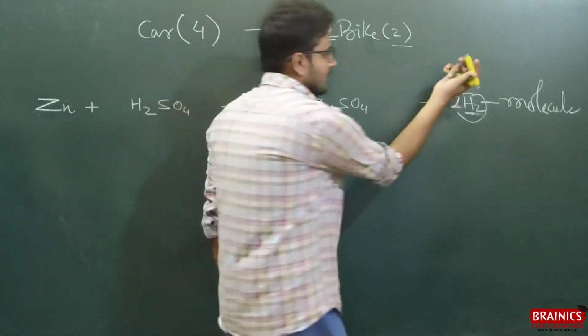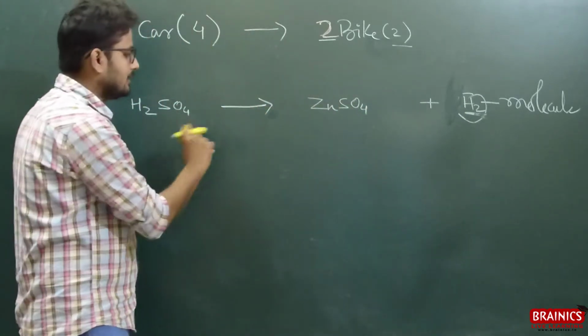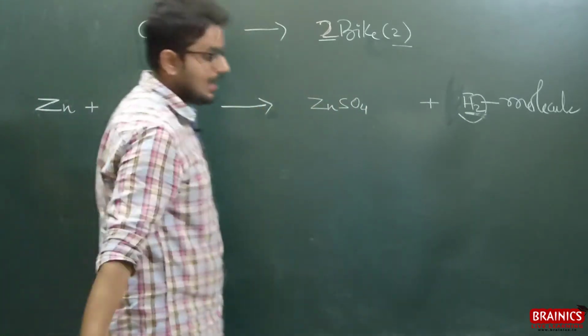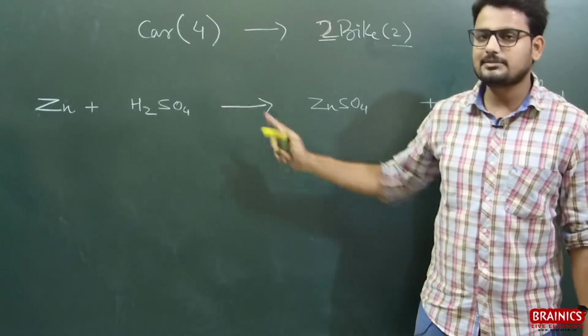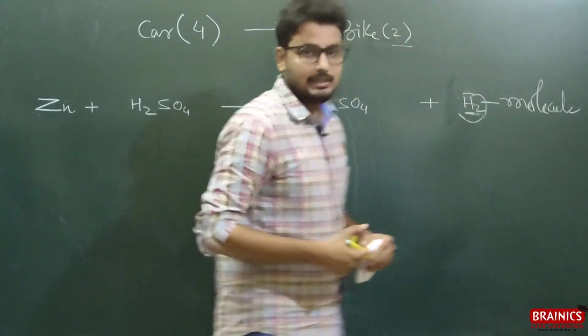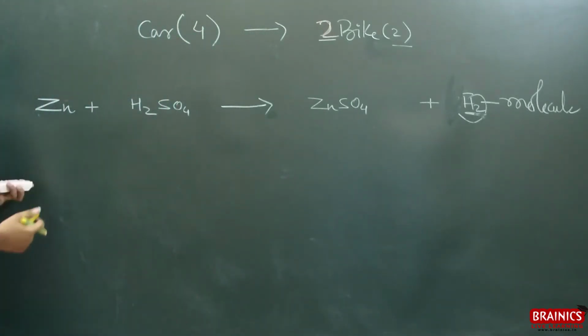Like this, we have to check the left side and right side, LHS and RHS, to balance how many atoms are present on each side. So let's go through this example.